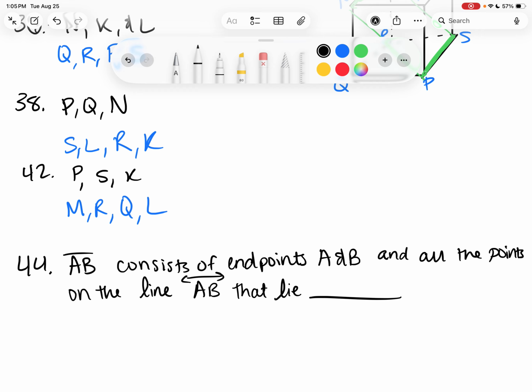So we have a line, and AB is the segment on the line with endpoints A and B, and all points on the line A to B that lie where?